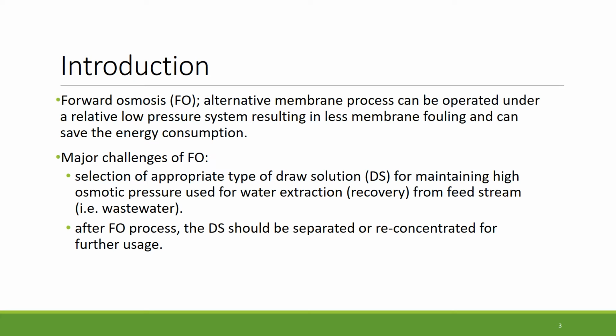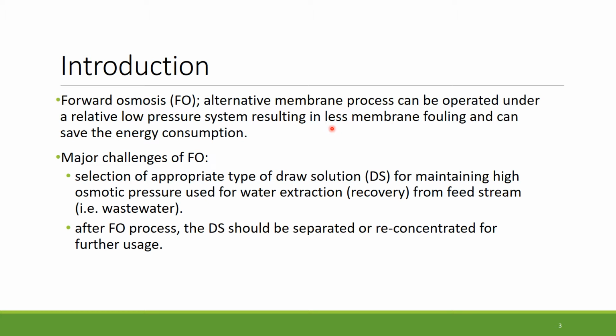On the other hand, forward osmosis (FO) is an alternative membrane process that can be used, and the advantage is that it just requires a relatively low pressure system, and a lower chance of membrane fouling. That means we can save energy. We can prolong the lifespan of the membrane, right?